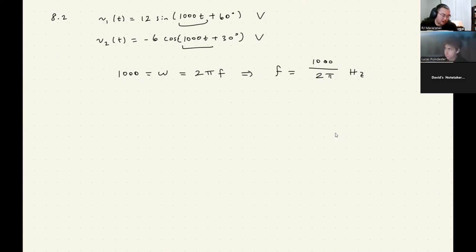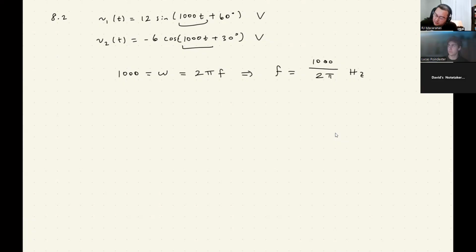In order to determine the phase, we need to get these two functions in terms of each other effectively, right? So V2, we're going to turn that into a sine function. And then we're also going to try to get the magnitude to match what we had up there, at least being positive.